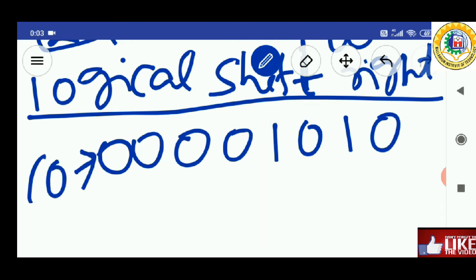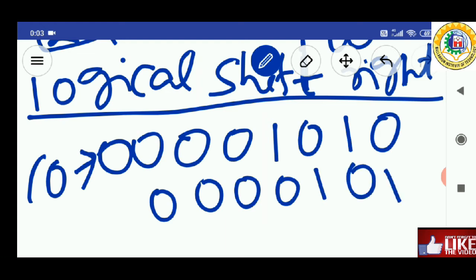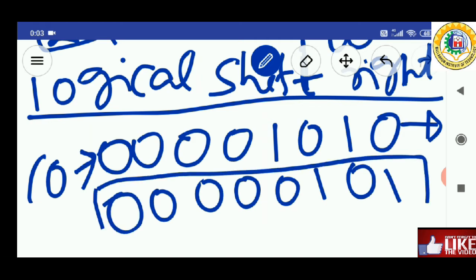Now if we want to shift the data right, so 4 zeros, then 1 0 1. This data is actually dropped in the case of the right shift, and in this blank we have put 0. Okay, so that is the logical shift right.